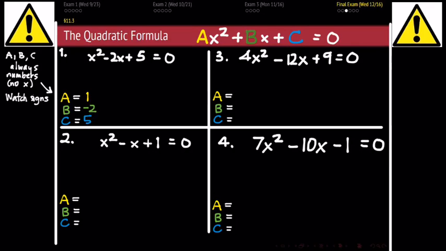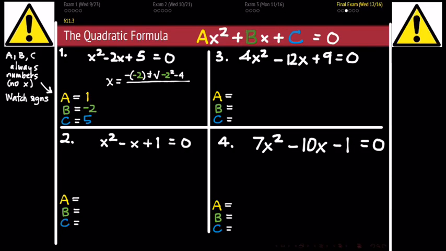Okay, so you identified A, B, and C. There are those numbers, 1, negative 2, and 5. And then you did what? Plugged in, basically. I just plugged it into the quadratic formula. So let's see. That begins with negative, not negative, I want to say opposite of B. So minus negative 2, plus or minus the square root of B squared, and then minus 4AC.